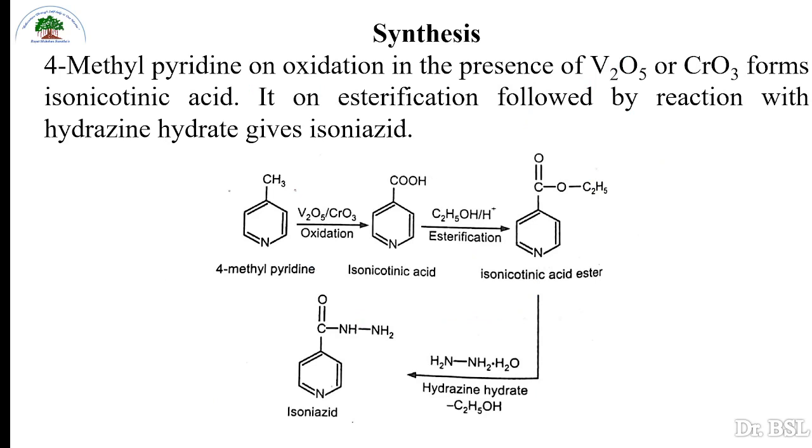Synthesis of isoniazid: 4-methylpyridine on oxidation in presence of vanadium pentoxide or chromium trioxide forms isonicotinic acid.